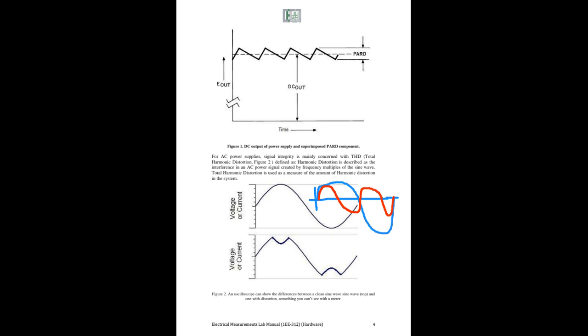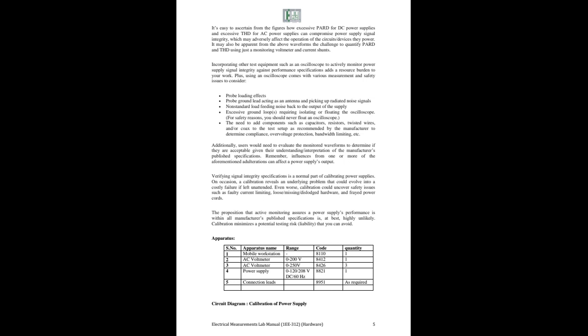So combining all these harmonics, it is called total harmonic distortion. So that is called frequency multiples. Total harmonic distortion is used as a measure of the amount of harmonic distortion in the system. So how much total harmonic distortion we have, that is called total harmonic distortion.